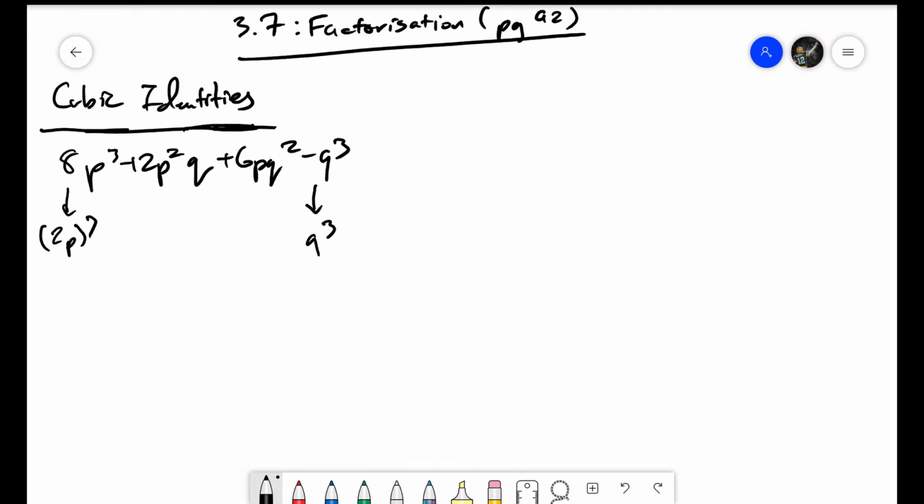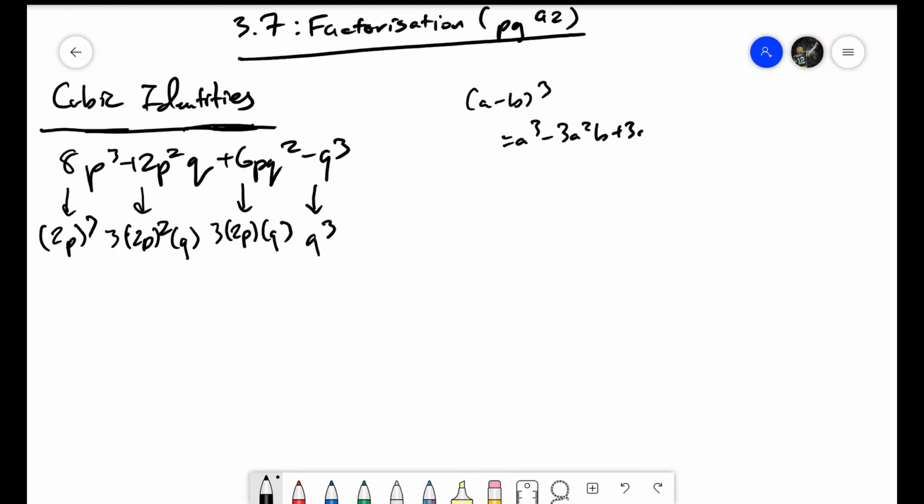Then 12p squared q is equal to 3 times (2p) squared times q. And 6pq squared is equal to 3 times 2p times q squared, which means it's an example of the (a minus b) cubed identity. It's equal to a cubed minus 3a squared b plus 3ab squared minus b cubed, which means that this is equal to (2p minus q), the whole thing cubed. That is the end of the video.